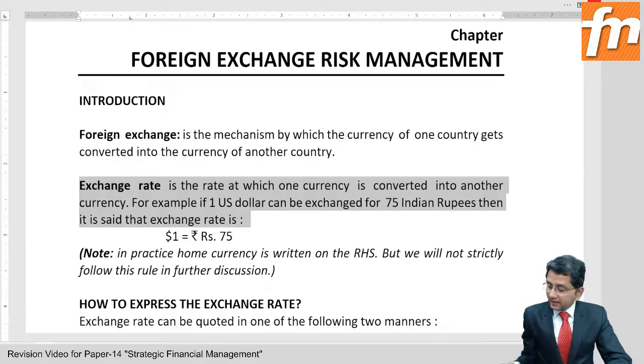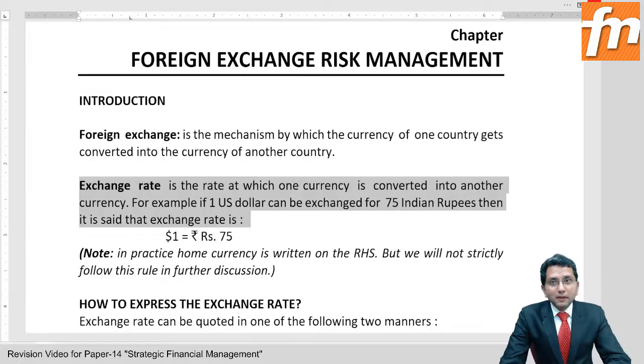See, if I say what is the price of this remote control, then the word price is actually suitable over here. You know why? Because I'm trying to get one commodity by paying currency, and that's why the word price is suitable.